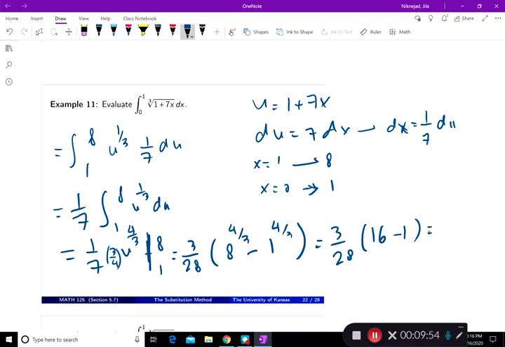So what you end up with is 3/28 times 15, and you can clean it up and get 45 divided by 28. And so that's another question.